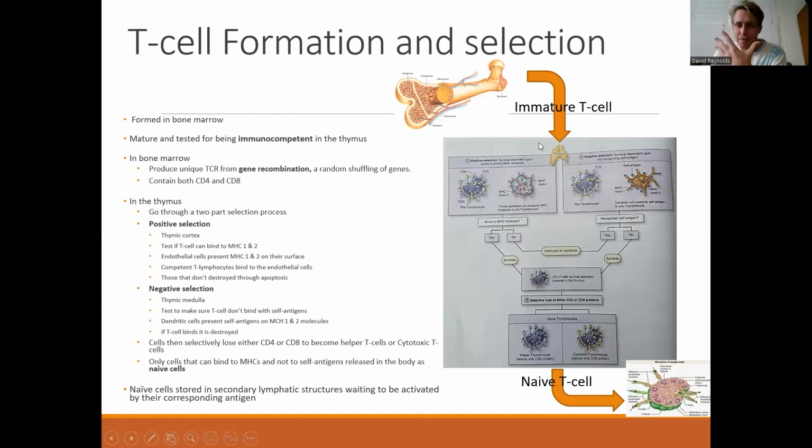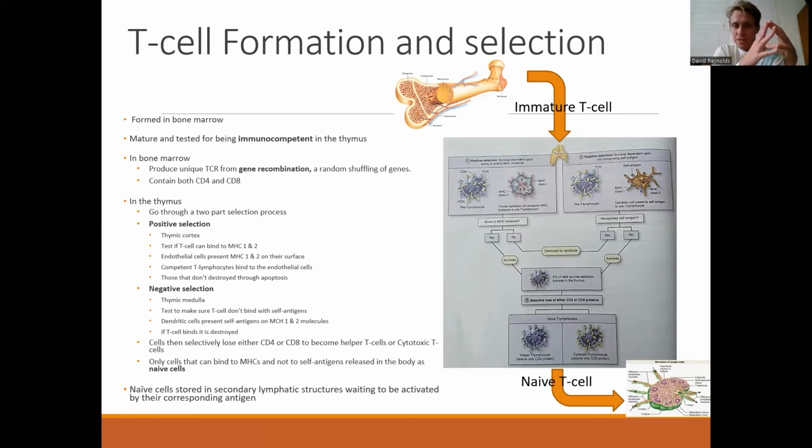All right, so once we're in the thymus, this is when the selection process occurs, and it's a two-part process. We have positive selection and negative selection. So for positive selection, this is really the first stage of all this. Inside the cortex of the thymus, if you remember that from the lymphatic system, you have a bunch of epithelial cells that are creating that cortex.